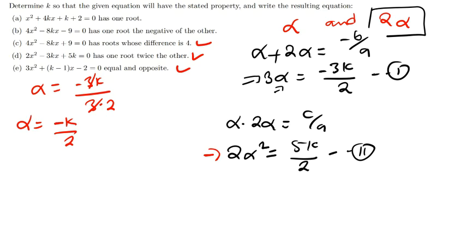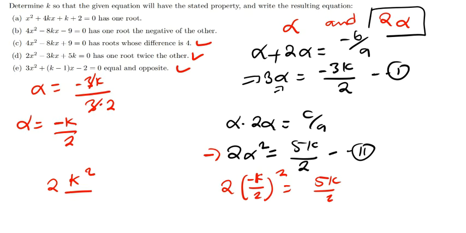So I'll say 2 open brackets negative k over 2, now it is squared, is equal to 5k over 2. When I reach this point, I can now open the brackets, or remove the brackets. That is going to be 2 times negative k squared, it is k squared, then 2 squared is 4, is going to be equal to 5k over 2. Now 2 there 1, 2 here 2.